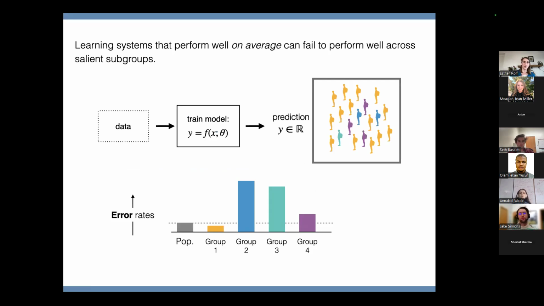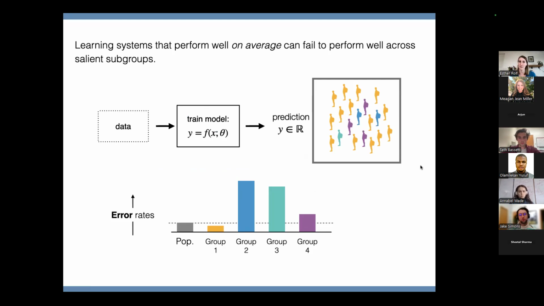So one thing that we'll see a lot in machine learning generally is that algorithmic systems that perform well on average can still fail significantly in particular subgroups. So in this cartoon, we now have a model. It's trained on some data, and then we make predictions across an entire population.